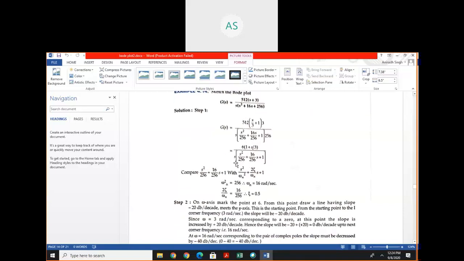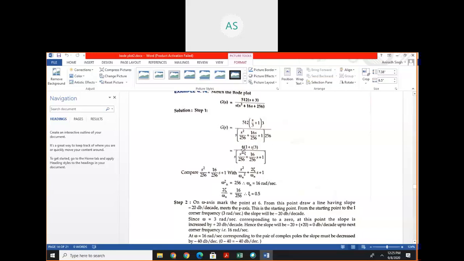For calculating the second corner frequency, compare this equation with the standard equation, and comparing, we get the value of omega n is 16 radians. This is the second corner frequency. First corner frequency is 3 radians per second. Second corner frequency is 16 radians per second. There is one pole at origin, and the value of K is 6.